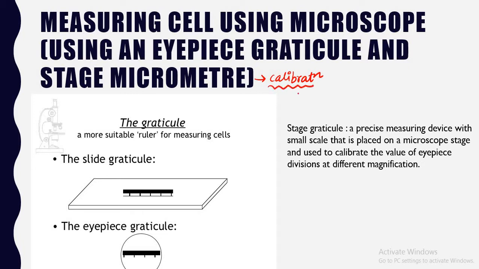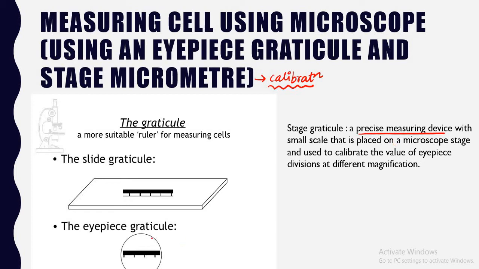Why calibration is required, we will see in the next slide. But for now, what is a stage graticule? It is a precise measuring device. Please remember this, okay? They have the precise measurement given on it.